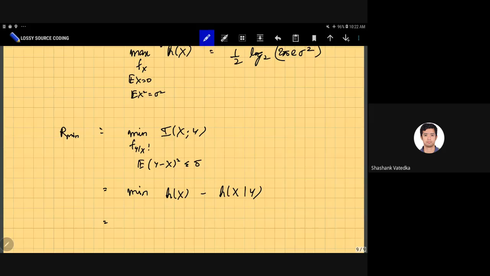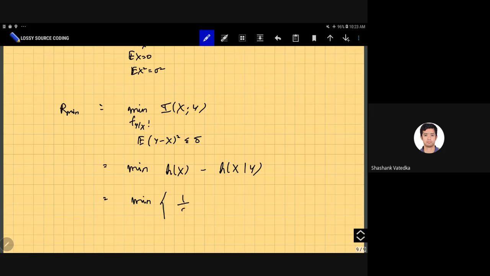So this is the minimum over all possible. So we know what h of x is. It is half log 2 pi e sigma square minus h of x given y, or this is also equal to h of x minus y given y, right?